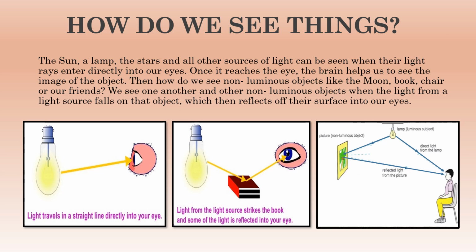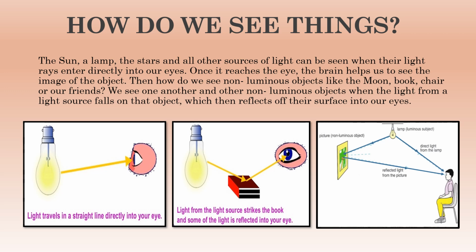Now, we may say, then how do we see non-luminous objects like the moon, book, chair, or even our friends who sit next? We see one another and other non-luminous objects when the light from a light source falls on that object, which then reflects off their surface and enters into our eyes.